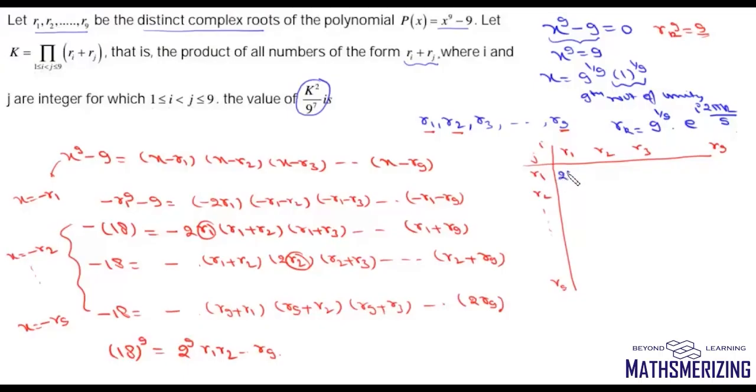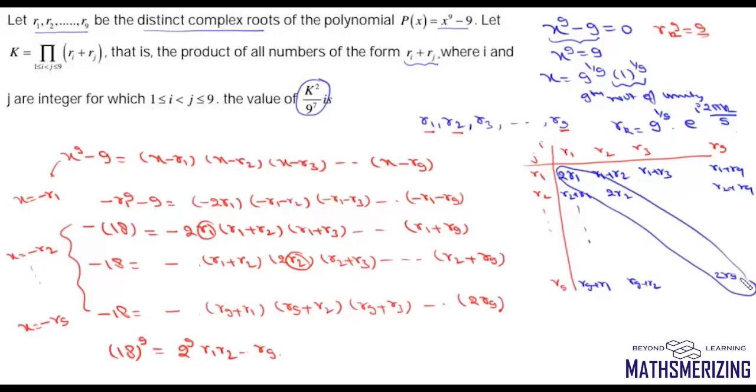For the first row it will be 2r1, r1 plus r2, r1 plus r3, r1 plus r9, and then r2 plus r1, 2r2, r2 plus r9, and here r9 plus r1, r9 plus r2, and then 2 times r9.